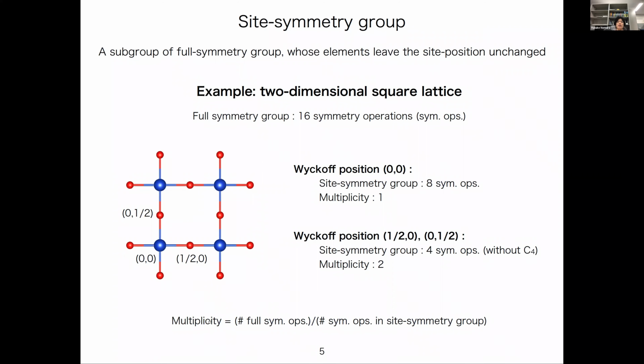So basically the multiplicity is given by the number of full symmetry operations divided by the number of symmetry operations in the site symmetry group.